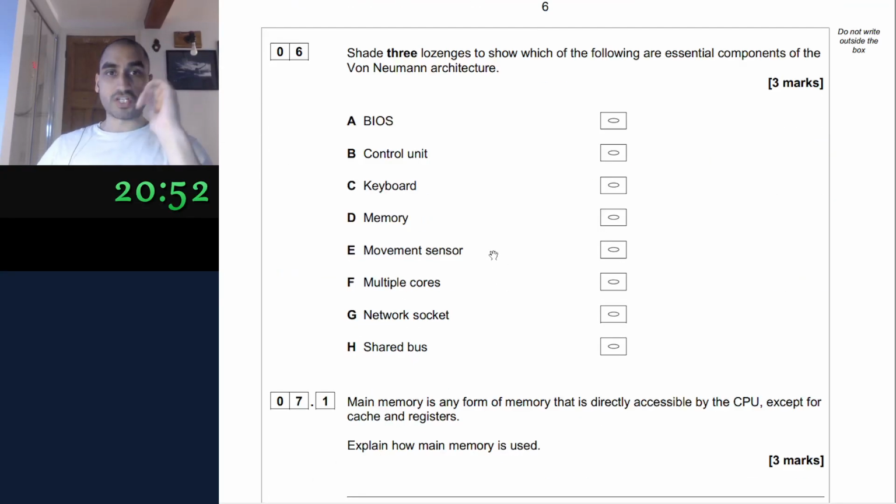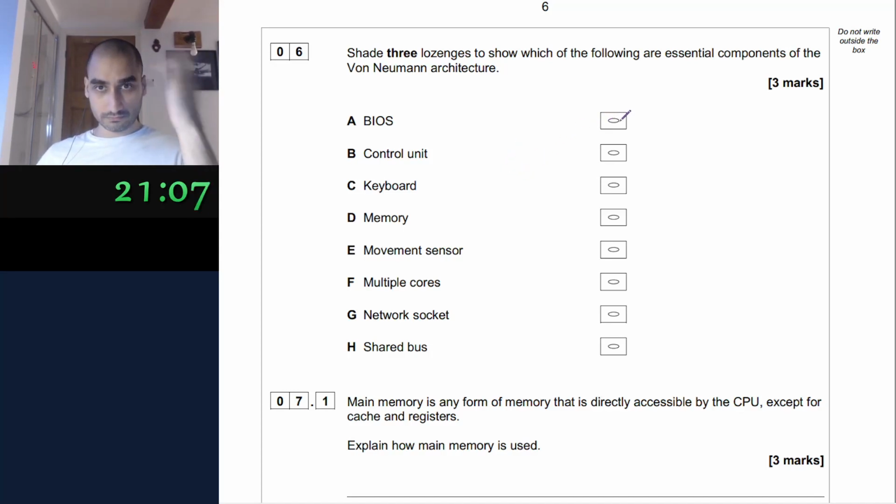Okay, I don't know. Shade 3 lozenges to show which of the following are essential components of the von Neumann architecture. Oh man. Do they really do this stuff at GCSE? Okay. Fetch bus, probably.